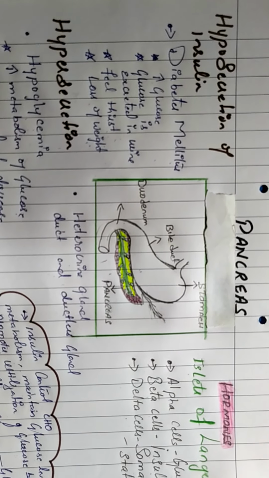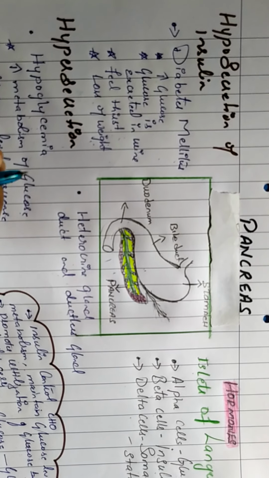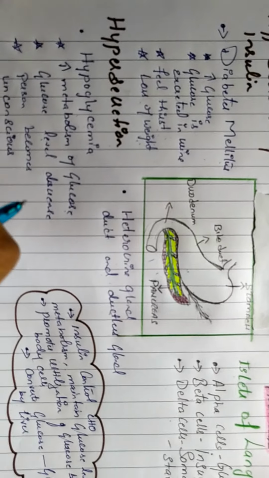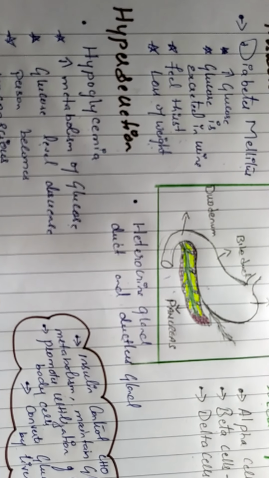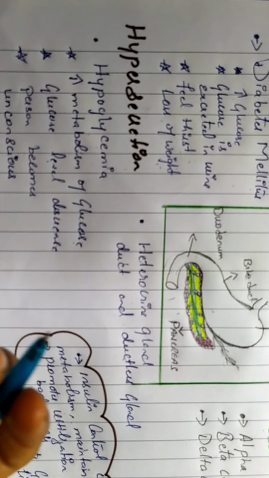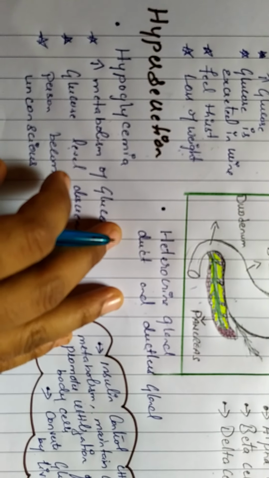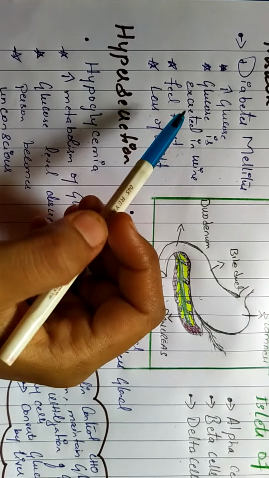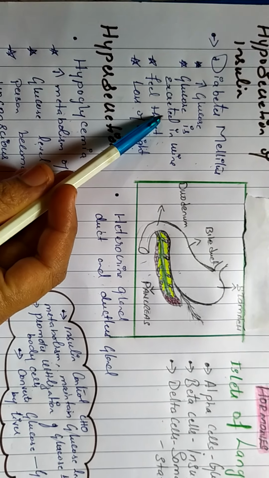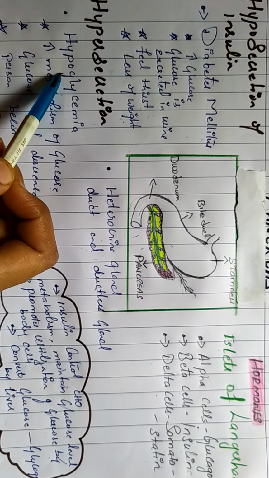The blood glucose level becomes very low and the brain enters a state of coma. During such a condition the person can enter a coma, become unconscious, and may even collapse. So this is the insufficient and excessive secretion of insulin in the body.